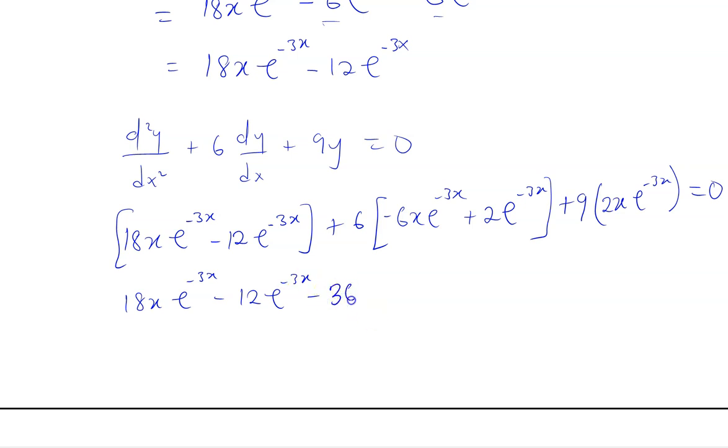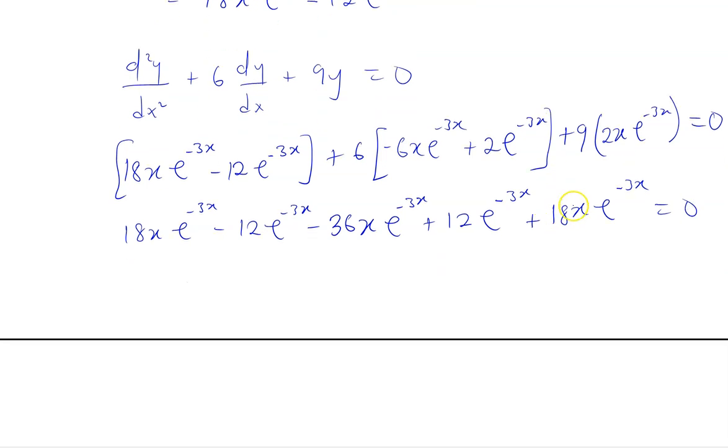So minus 36x e^(-3x). Do you get it? Then 6 times 2 is 12, so plus 12e^(-3x), plus 9 times 2 is 18, 18x e^(-3x), equal to 0.